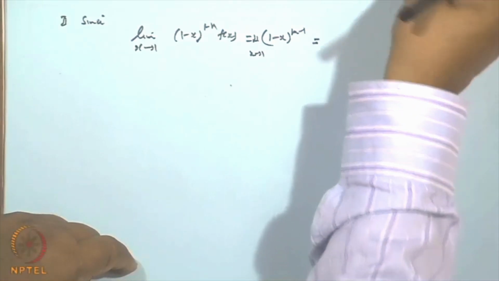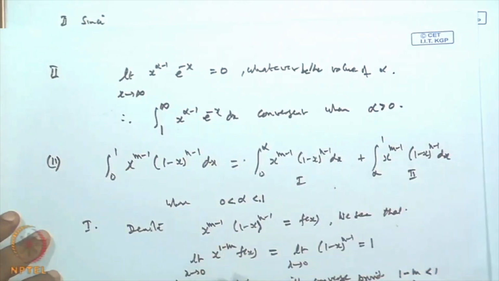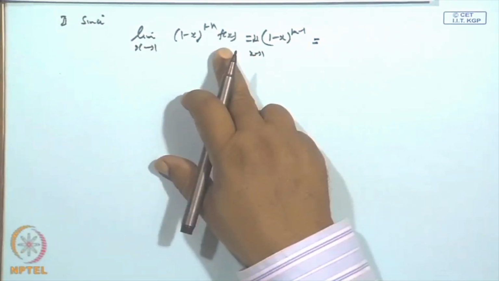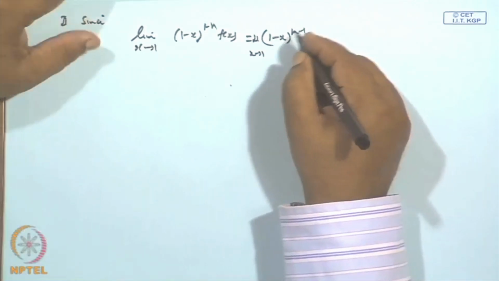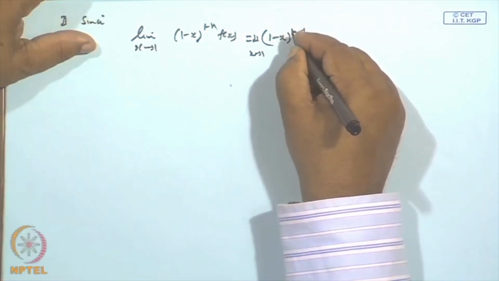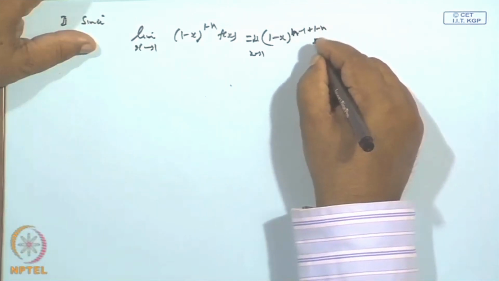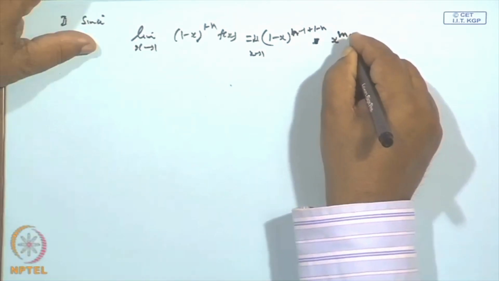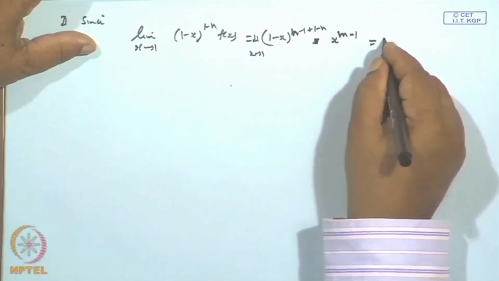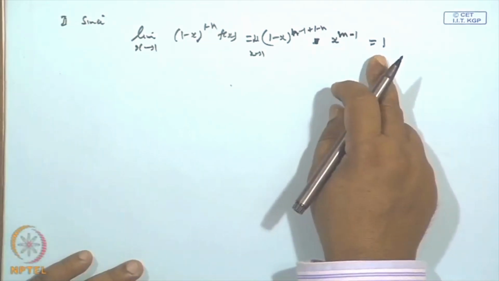What is our f(x)? It is denoted by this one. When you multiply it by (1 minus x) to the power 1 minus n, the powers cancel and we are left with x to the power m minus 1. So this limit comes out to be 1, which means it is a finite quantity.